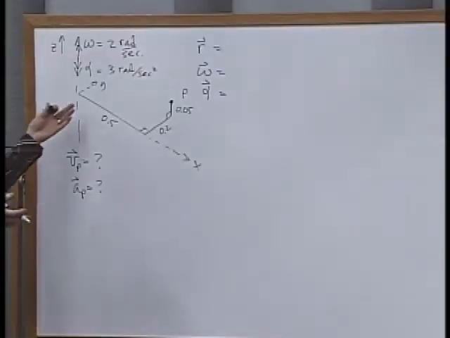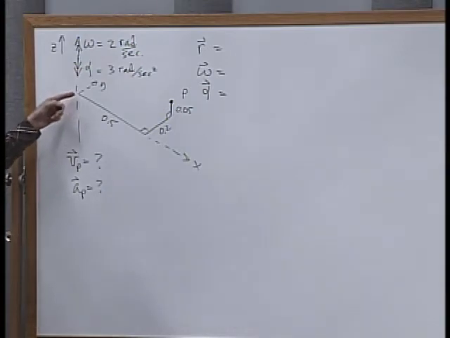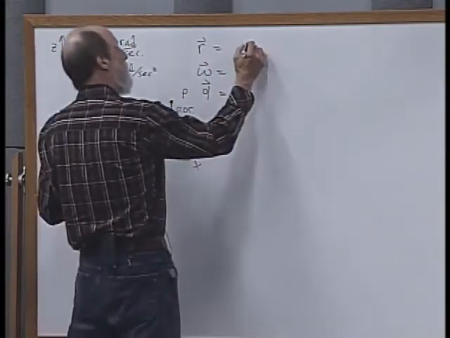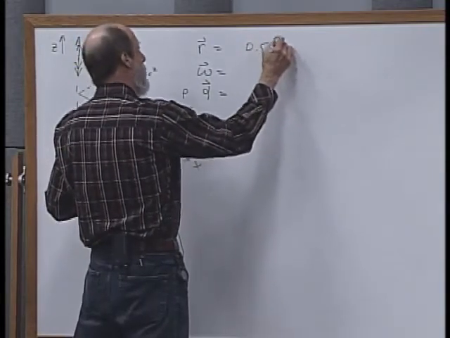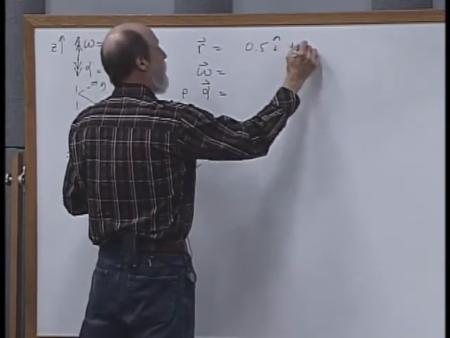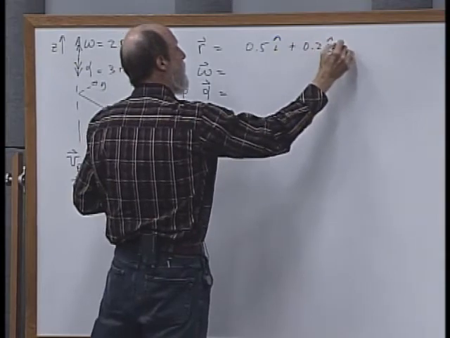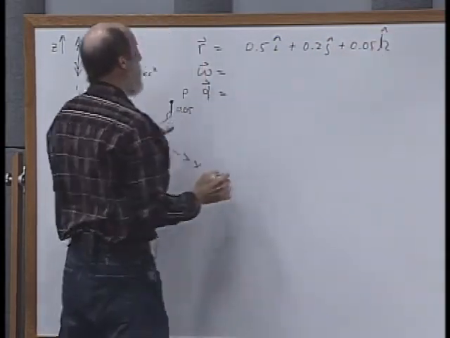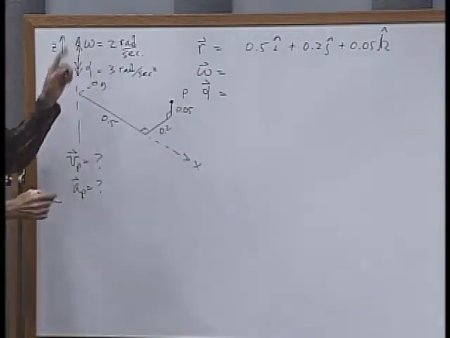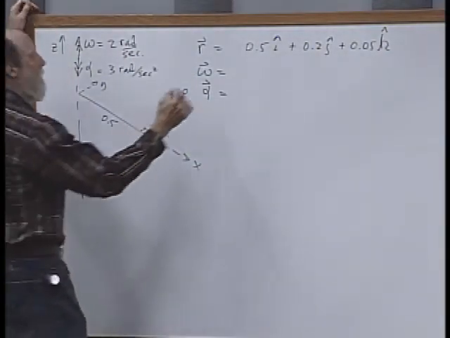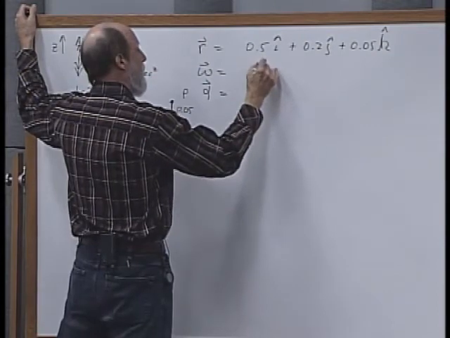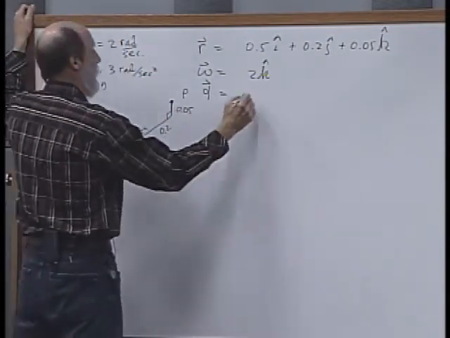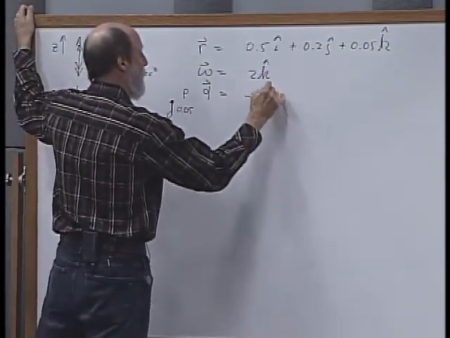So this takes you back to your statics. From the axis here, we're going to go 0.5 I plus 0.2 J plus 0.05 K. Omega is in the positive Z direction, so it's 2K, and alpha is negative 3K.